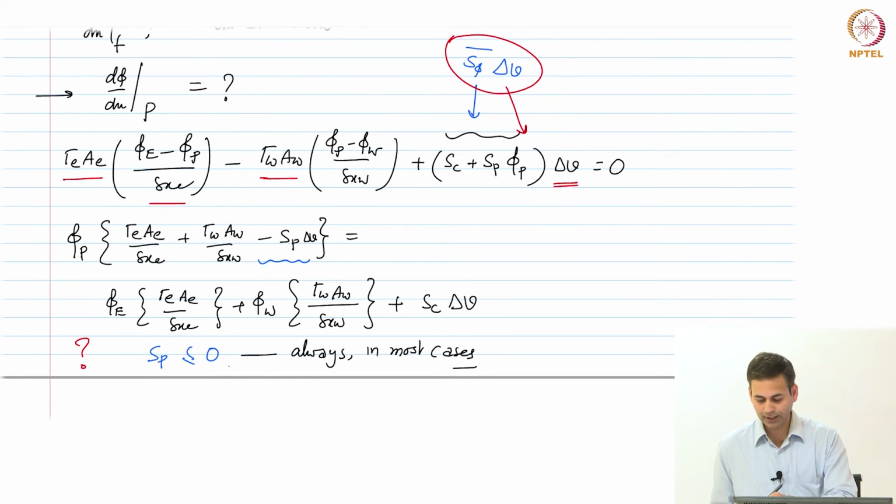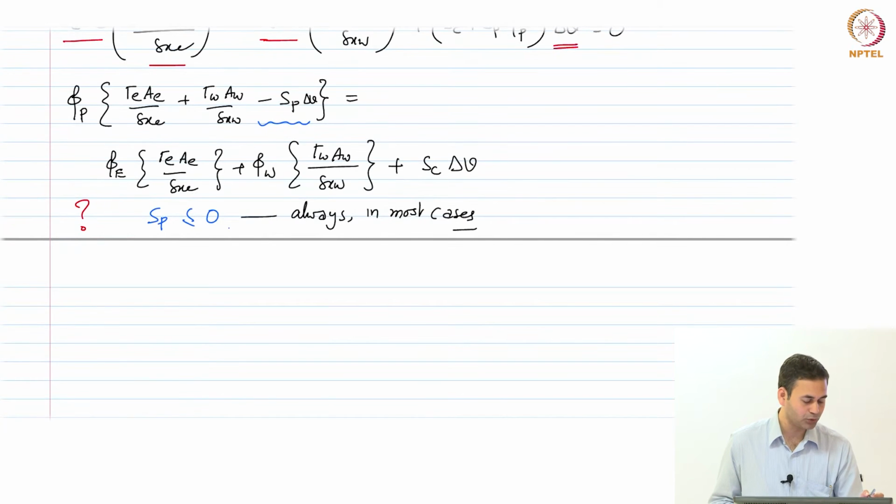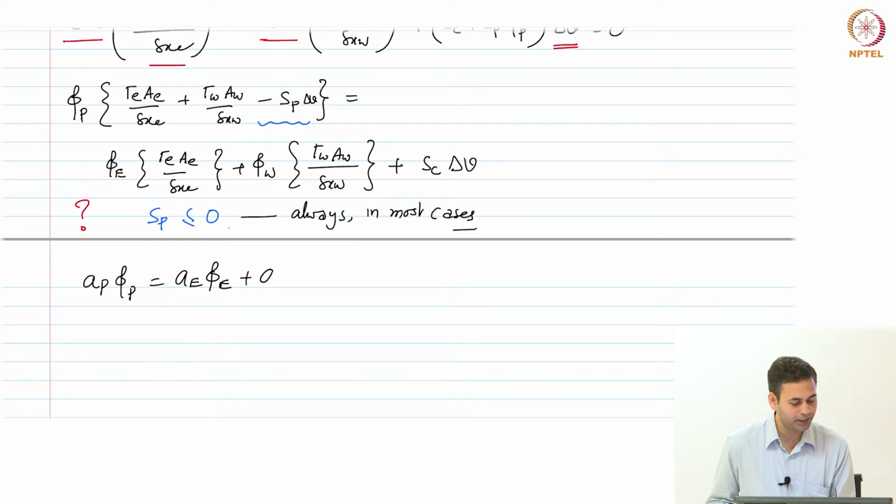Fine. So then let us write this in a little different way. I would like to call these values in the curly braces some coefficient a. So then this will be aP phi P equals aE phi E plus aW phi W plus b.